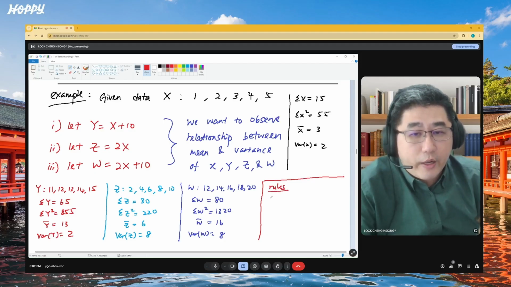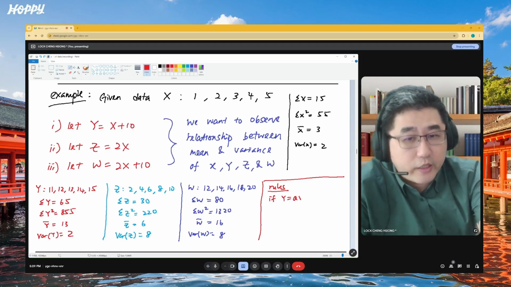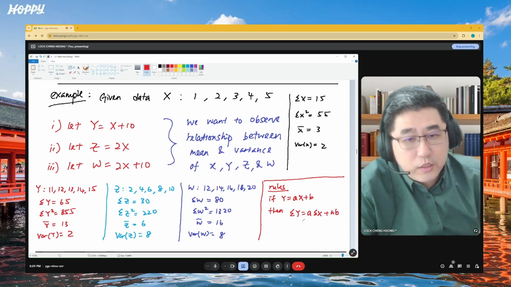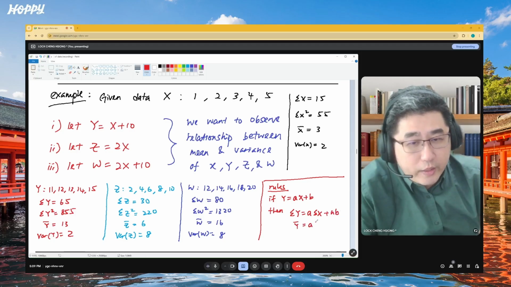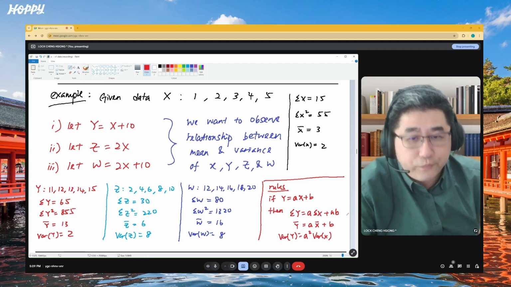If y equals to ax plus b, then sum of y equals to a sum of x plus nb, bar y equals to a bar x plus b, variance of y equals to a square variance of x. These are a few rules that you need to learn.